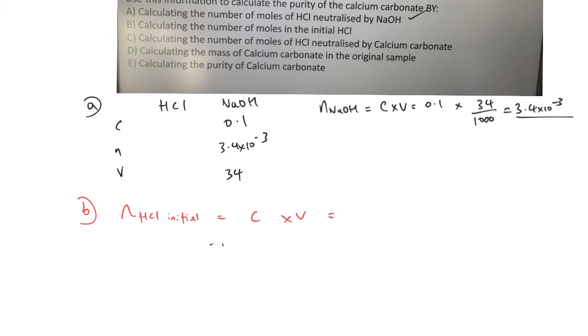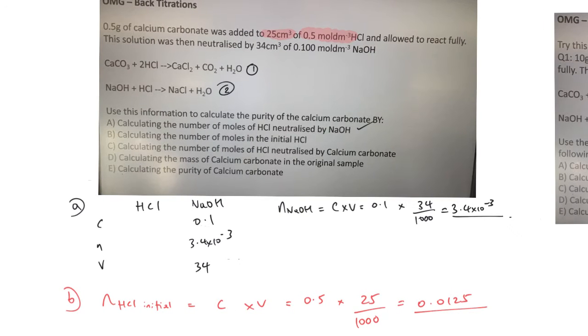So I'm going to do 0.5 times 25 over 1,000. And that's going to give me 0.0125 moles. That's my answer to B. Just to check that I've got that information from the original. So we've done B. Let's move on to C.